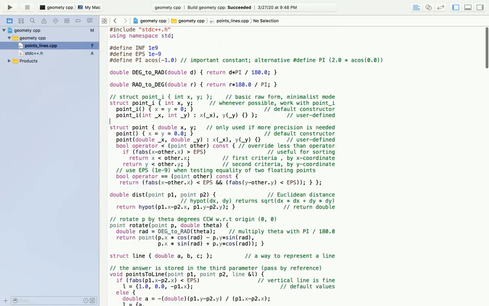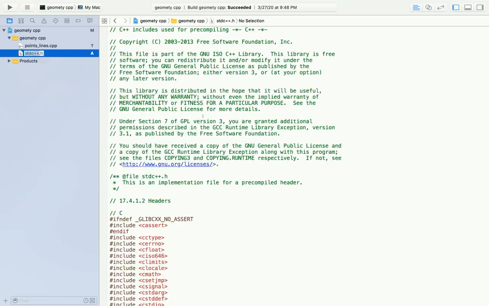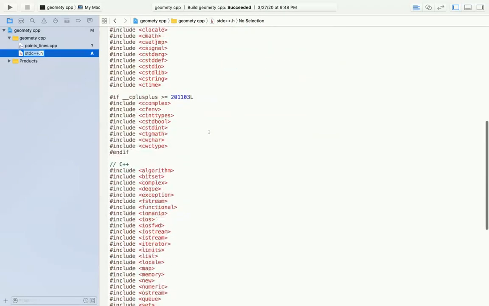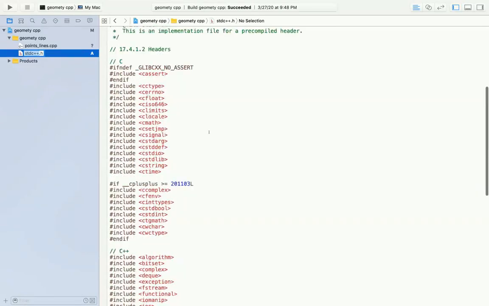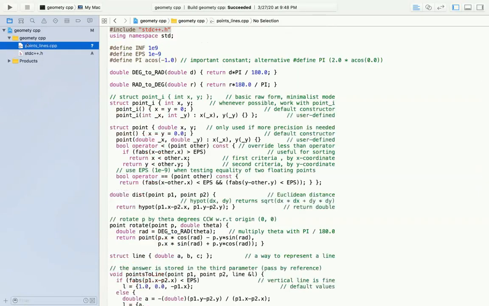On my Mac, I had trouble including std C++.h, so I had to download it and then include it. But I think, since it's mentioned in the book, that this include is accepted by the competitive programming competitions.